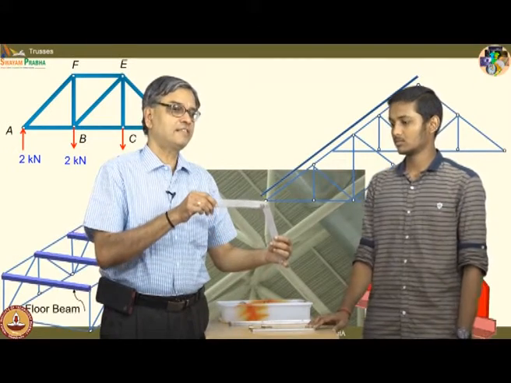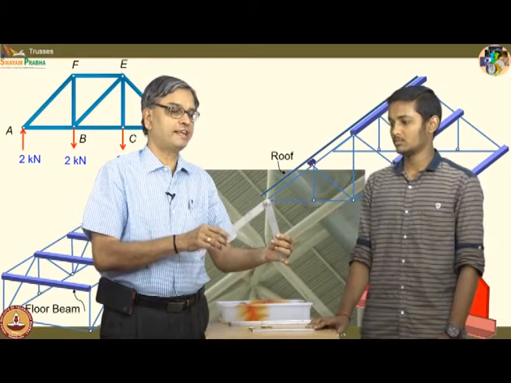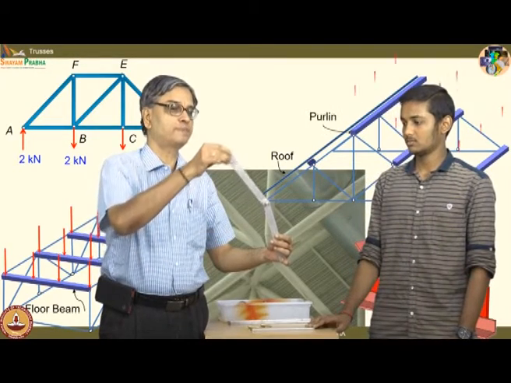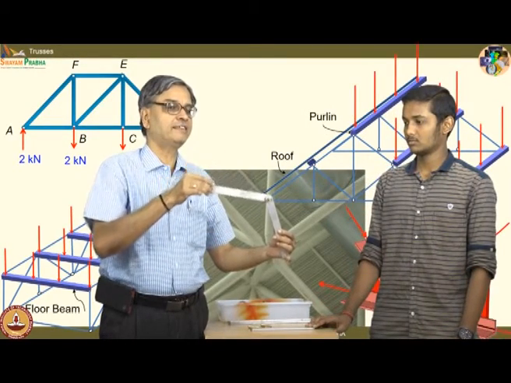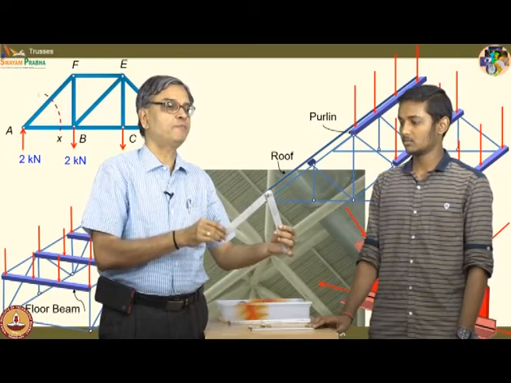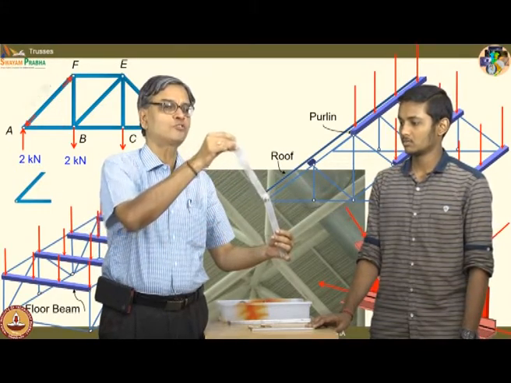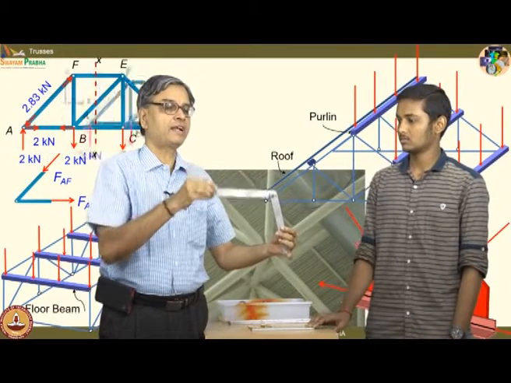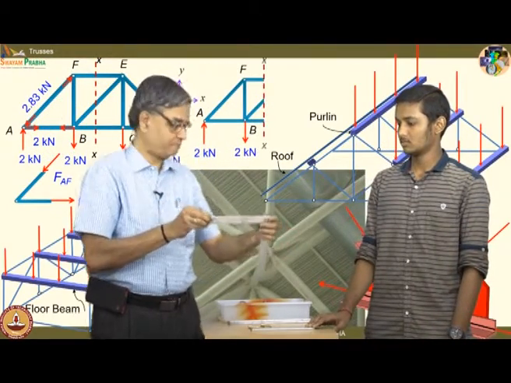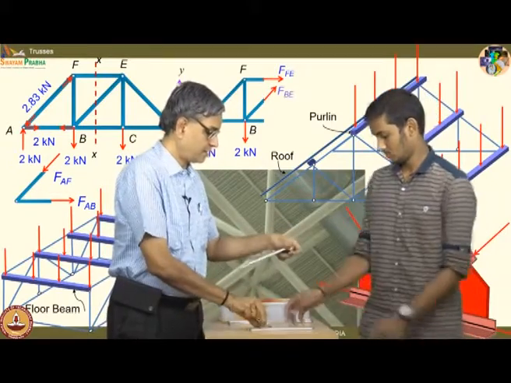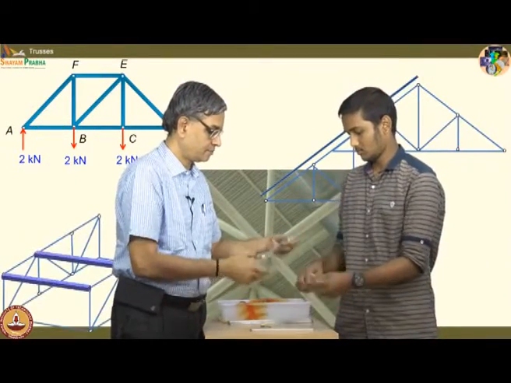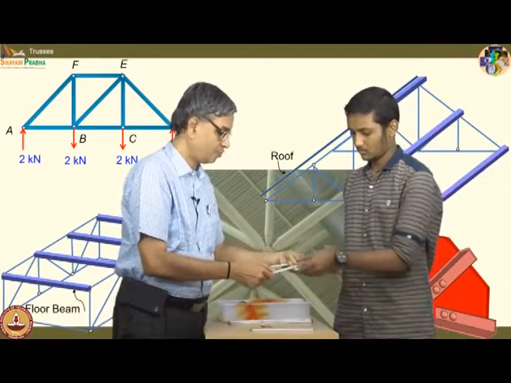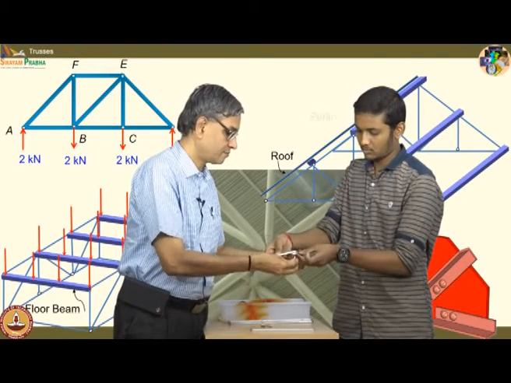See, I have just inserted a pin, and you could see clearly that I can move this member very freely. It does not prevent me from moving it, and that is how we have understood what a pin joint is. Fine. Now, I will make a 4-bar member with pin joints. Take it. Hold this.